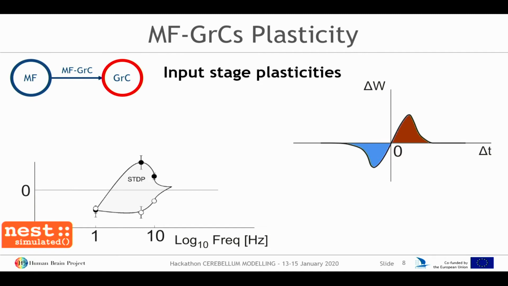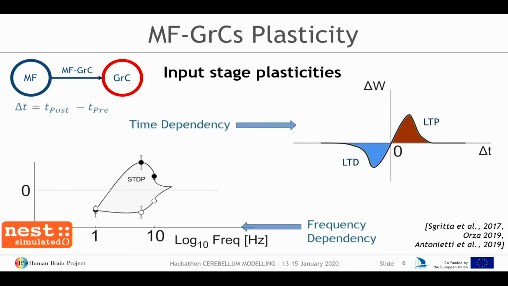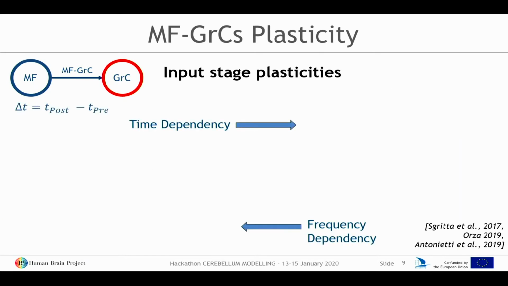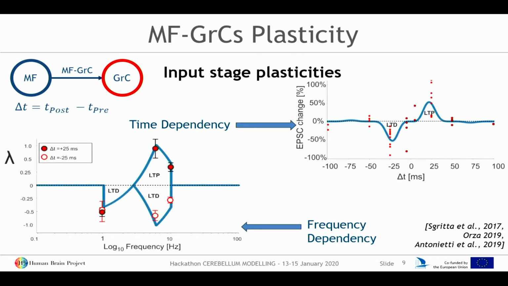So we have the experimental data, and we needed to transform those data into equations. And so in this case, we have done a fitting. So we extracted the equations that fitted the experimental data for both the time dependency and the frequency dependency.